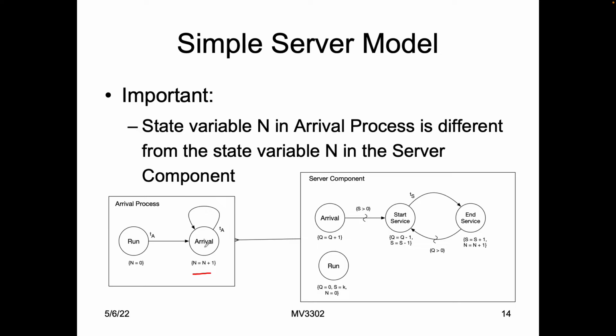Then that arrival event will be dispatched to its listener. In this case, the server component will hear the arrival and say, oh, I've got an arrival. It will execute this arrival event as if it had scheduled it, perform its state transition, schedule start service if there's an available server, and then everything is going to continue like that.